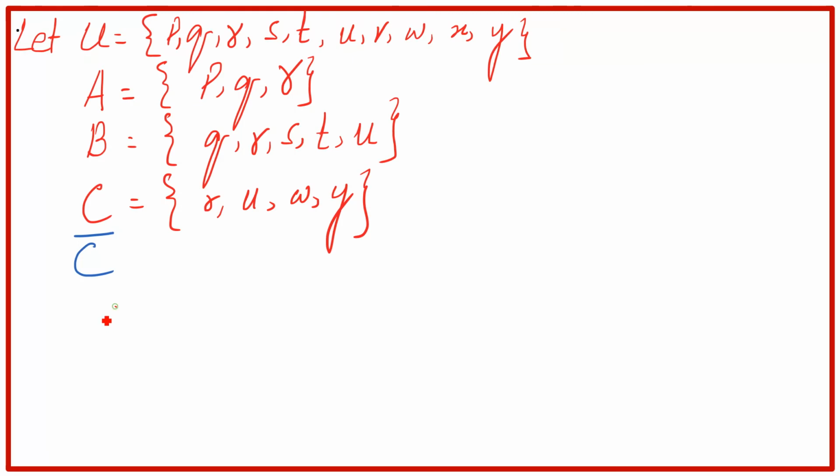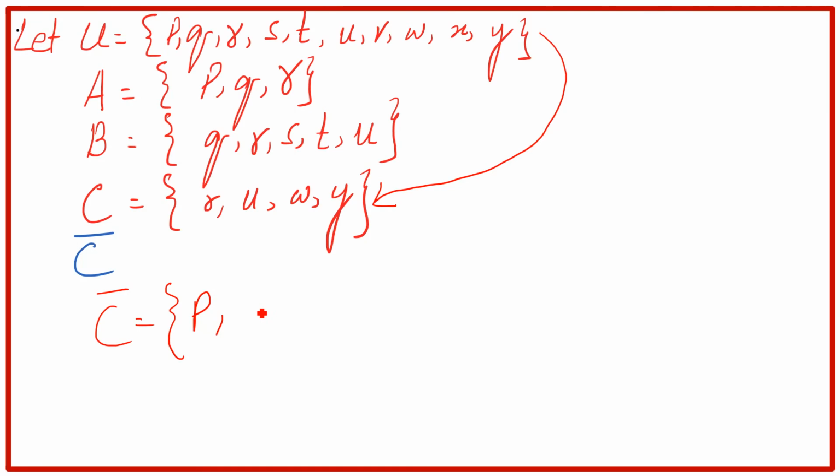Here is the same thing, C complement. Now you have to deal with these two. C complement is always related to the universal set, which are present in U but not in C. So P, right?